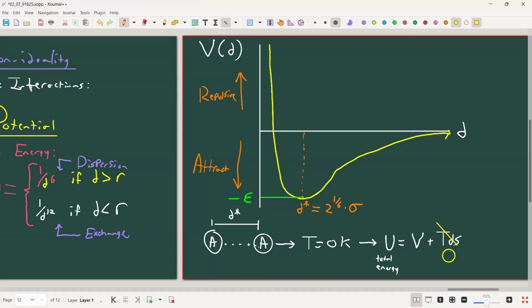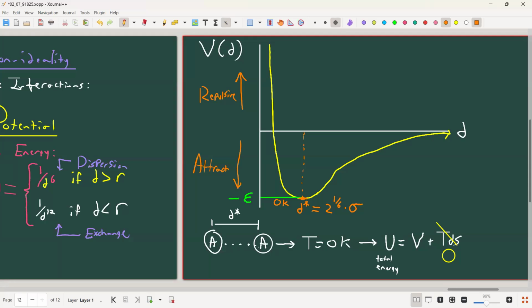So at 0 Kelvin, the energy of my system is right here, at the bottom of the well. Okay, so that's the energy. Now imagine I have these 2 molecules at this position in energy. How much energy do I have to put into the system to break that attraction?